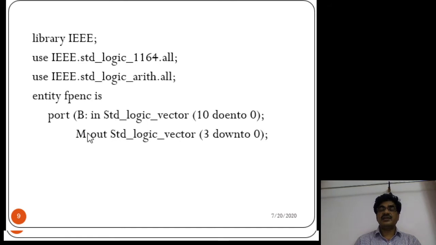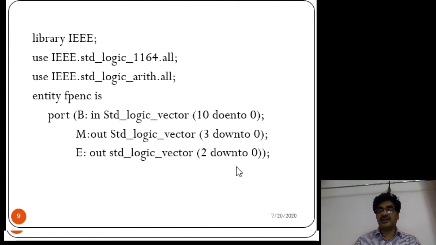Then the output is a floating point number having two parts. One is the mantissa, which consists of 4 bits, so M out is std_logic_vector 3 down to 0, and the exponent E has 3 bits, so E is declared as out std_logic_vector 2 down to 0. So closing the entity floating point encoder.